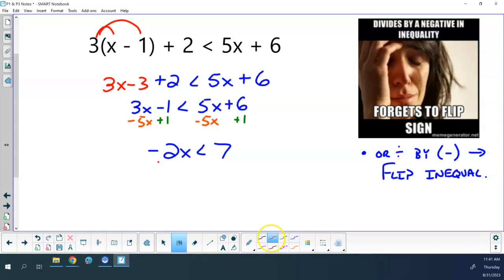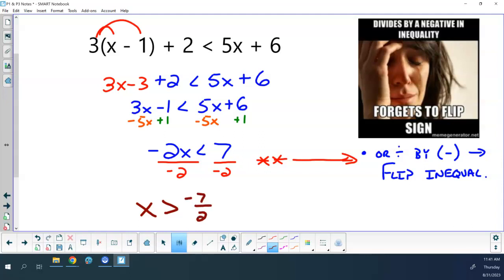Now, when I divide by a negative 2, this would become x. Flip the sign to greater than. And then we can keep it as negative 7/2.